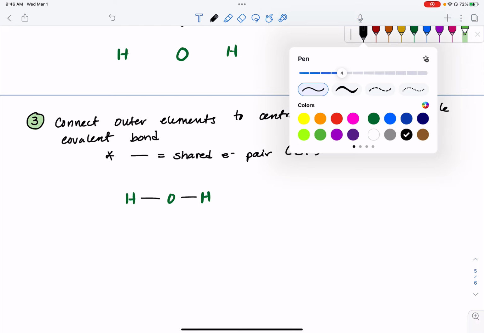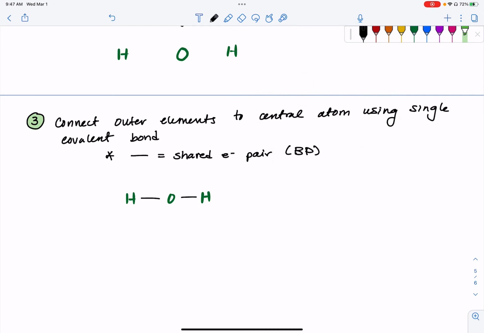And anytime you do something like this, you got to remember that since we are using up electrons, right, each of these lines represents 2 electrons, I need to keep tally of how many electrons I have left. So I started with 8 valence electrons, and now I've drawn 2 bonding pairs as 2 single bonds.